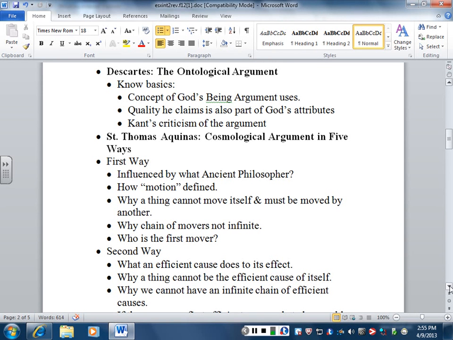Now, the problem here is, in order to have a correct concept of God as the sum of all perfections, you have to build in the quality of existence. So here again, you get the same contradiction if someone says, well, I agree with you, Descartes, that God, if God is around, would have all perfect qualities, but I don't think God exists. But Descartes would say, well, wait a second.